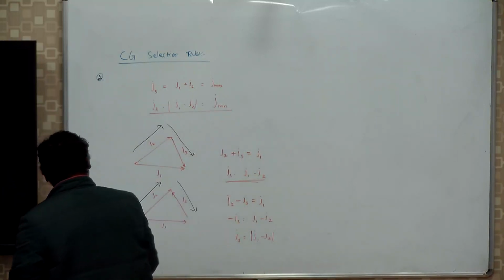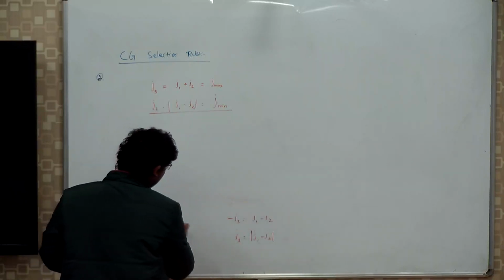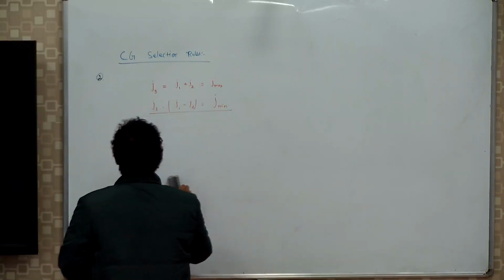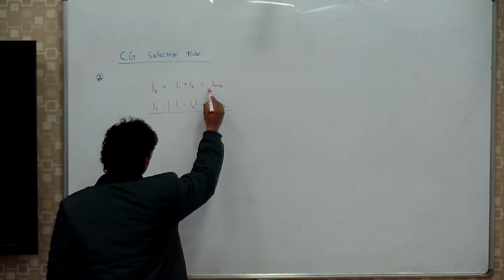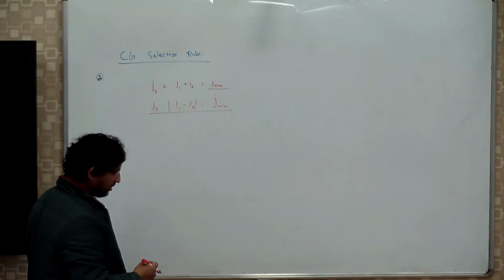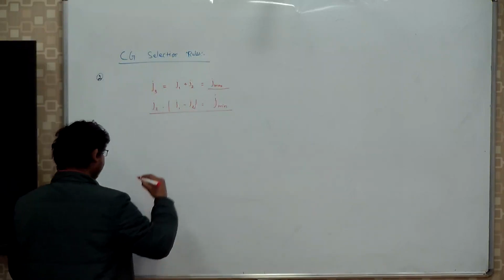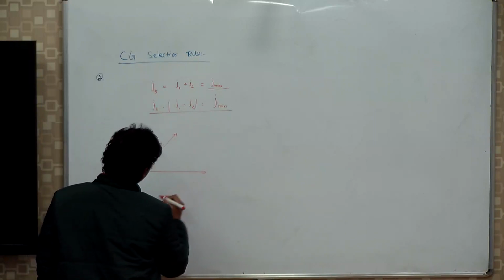So how do we geometrically explain the addition of these two vectors, J1 plus J2, which will give you J maximum? For this condition, we can use the addition of vectors by the parallelogram law.